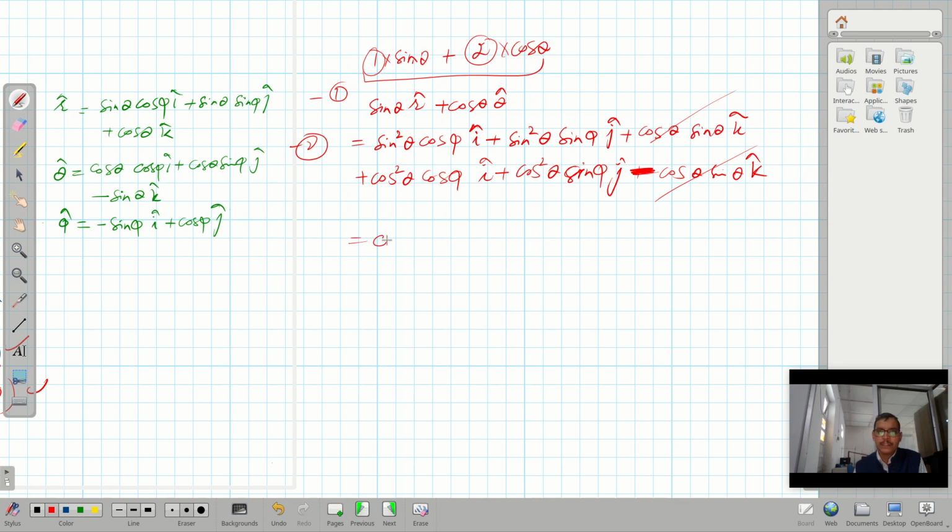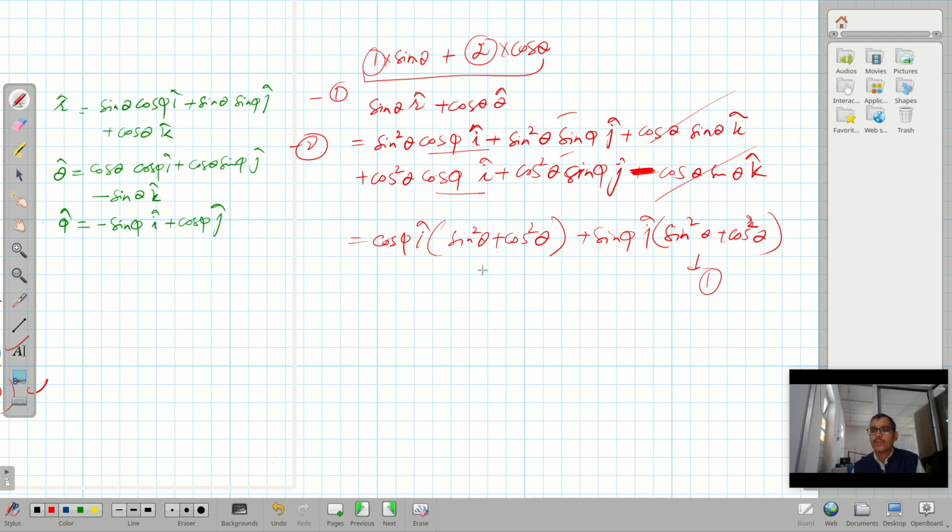It is cos of phi i cap, and inside it is sin square theta plus cos square theta, and here it is sin phi j cap, inside it for these two terms, sin square theta plus cos square theta.